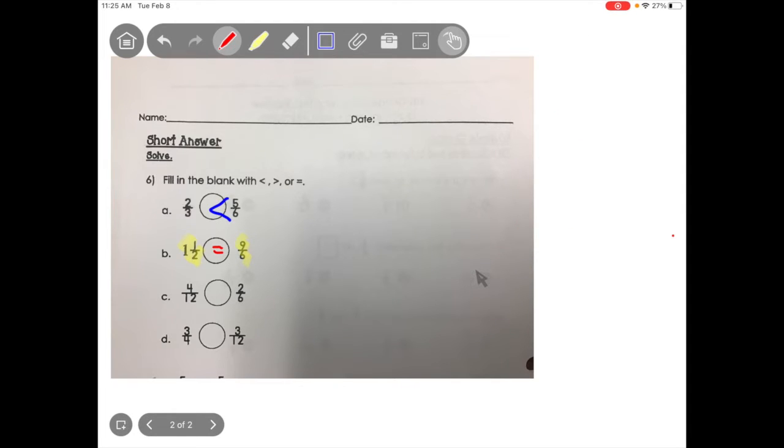Let's look at option C, 4/12 compared with 2/6. Again, we don't have common denominators, so we're going to make equivalent fractions in order to compare. We have a denominator of 6 and a denominator of 12.